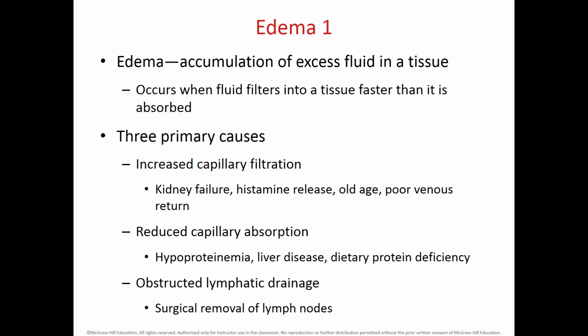And edema can happen because of several causes, including increased filtration, like when you have kidney failure, when you have release of chemicals like histamine, when we become old, we filter more than what we absorb, and when you have poor venous return.